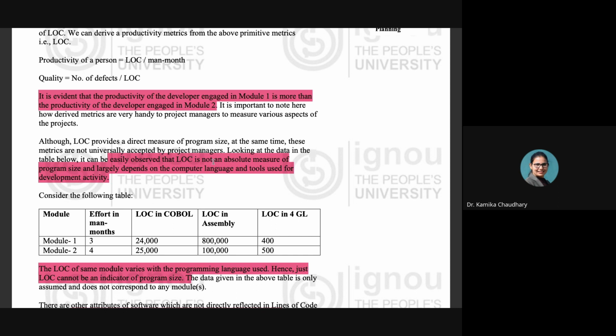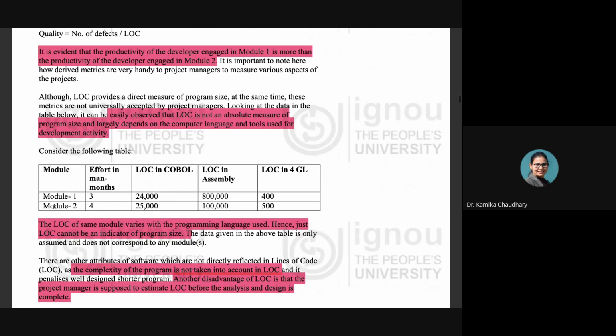So when we see the following table, for module 1 the effort in man months is 3. Lines of code while using COBOL for its development is 24,000, whereas 8 lakh lines of code are written for development in the assembly language.